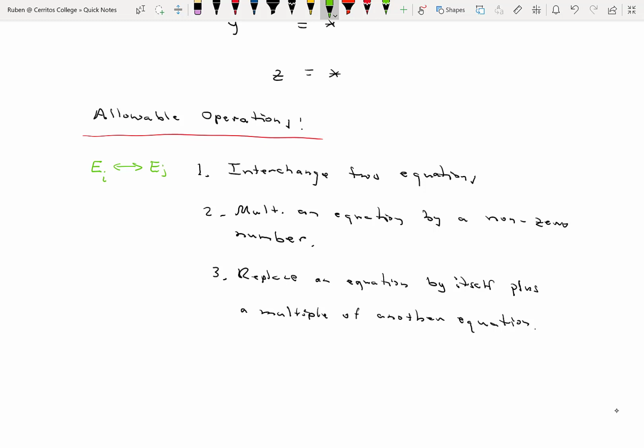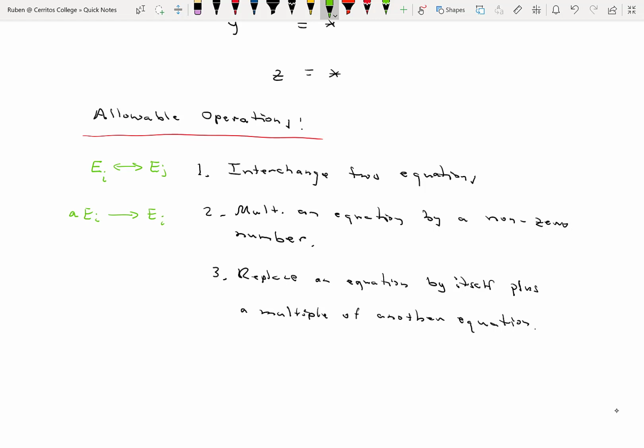Okay. So number two, we can multiply an equation by whatever we want, except for 0. So we can take an equation I, could be equation 1, equation 2, etc., and multiply by a non-zero number A and put it back into the position of equation I. Okay.